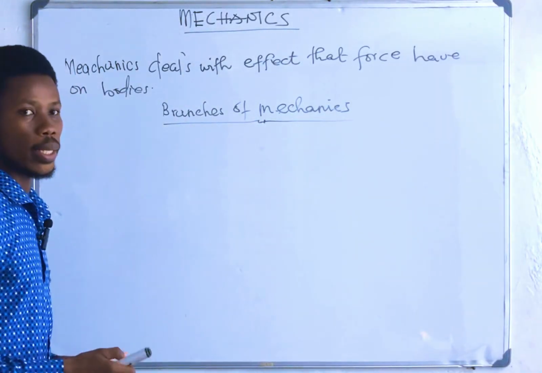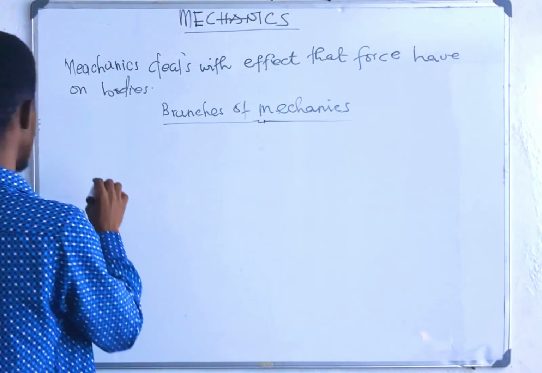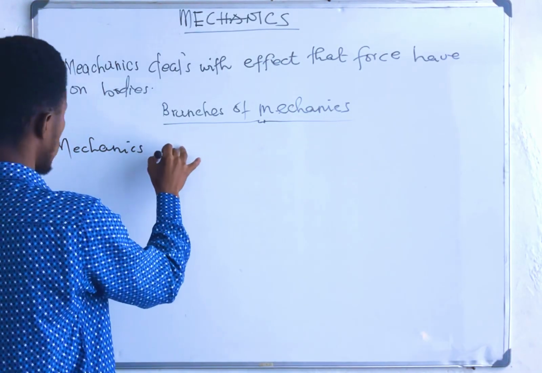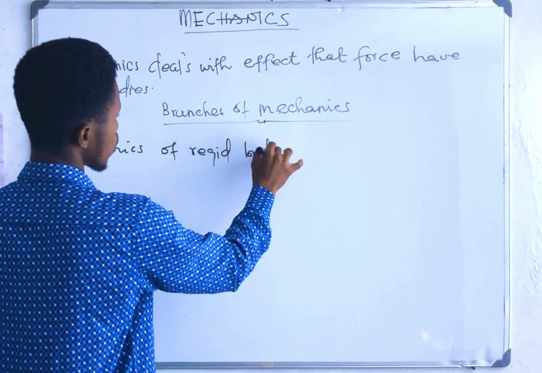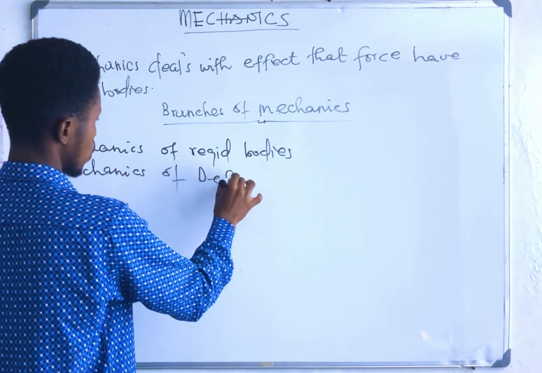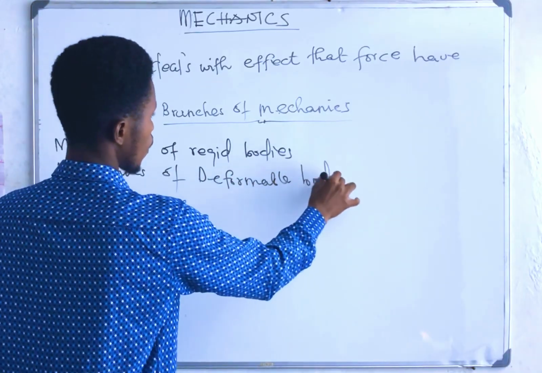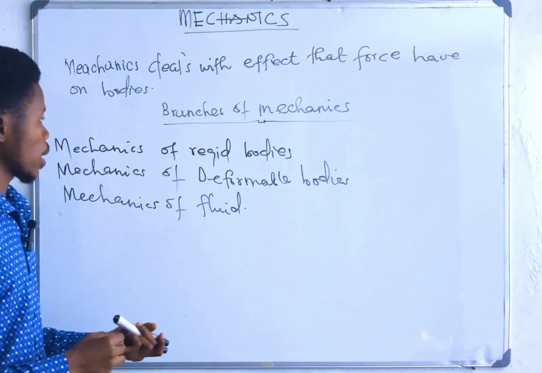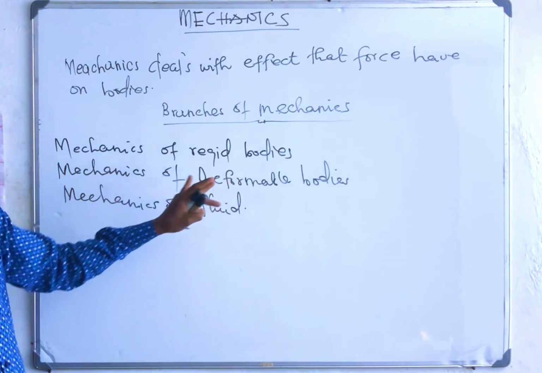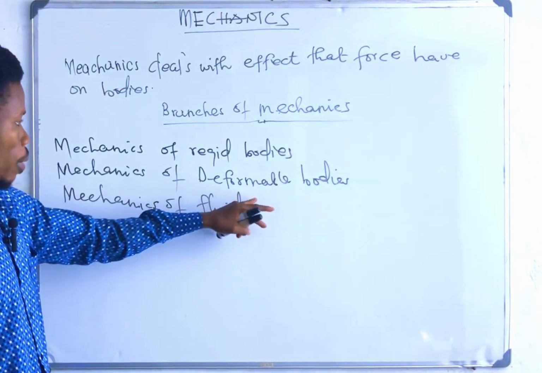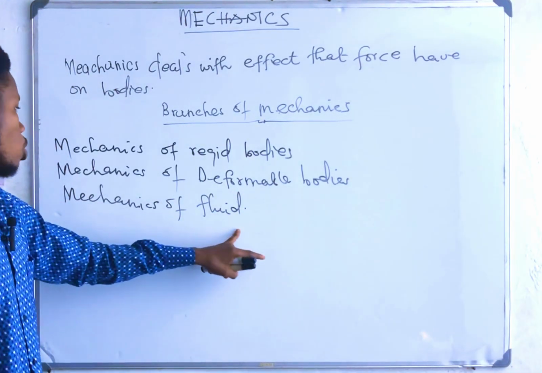So here we are going to look at the three main branches of mechanics. So we have these three branches of mechanics: the mechanics of rigid bodies, mechanics of deformable bodies, and mechanics of fluid.